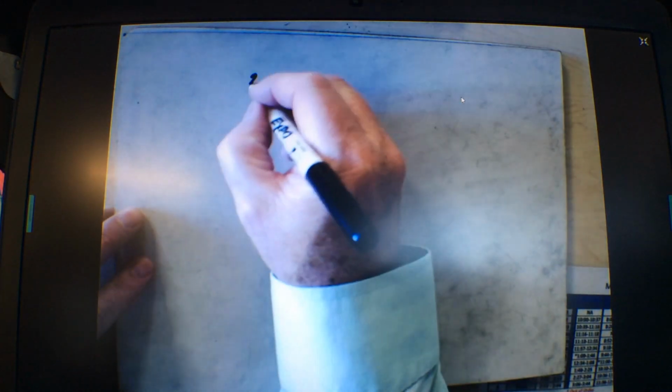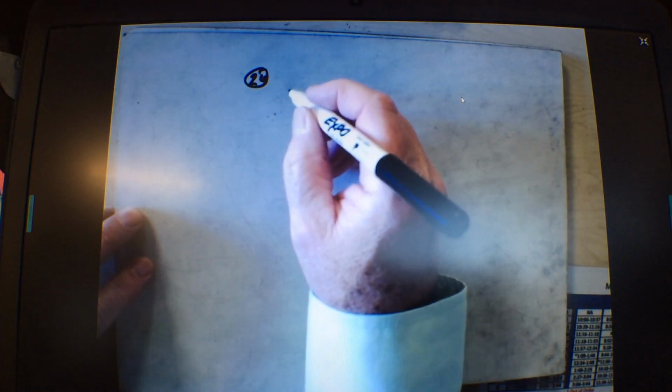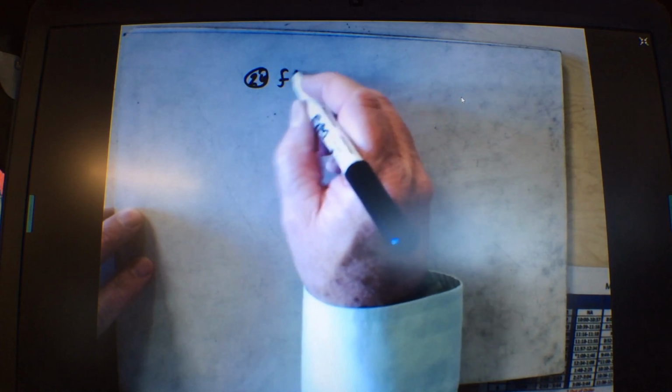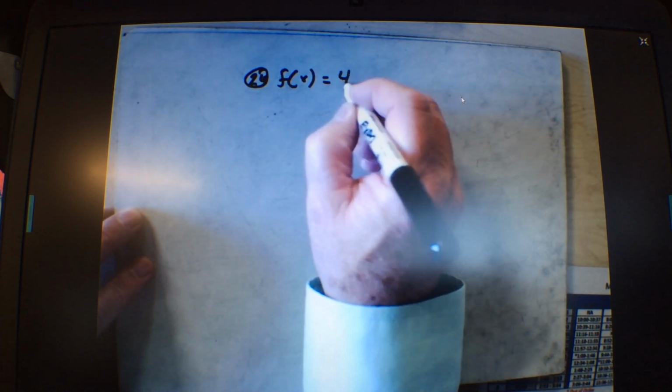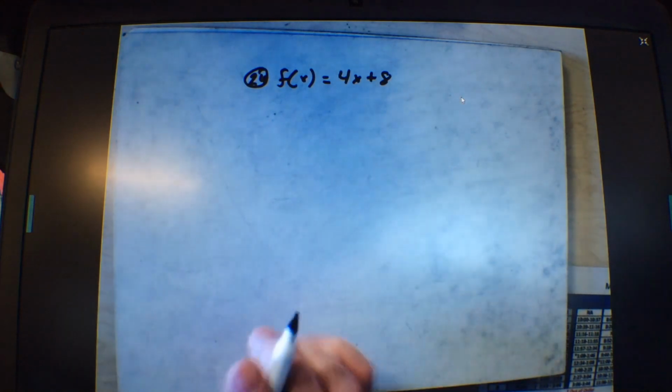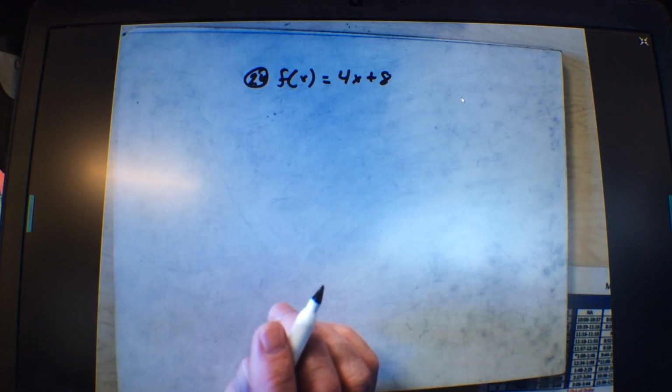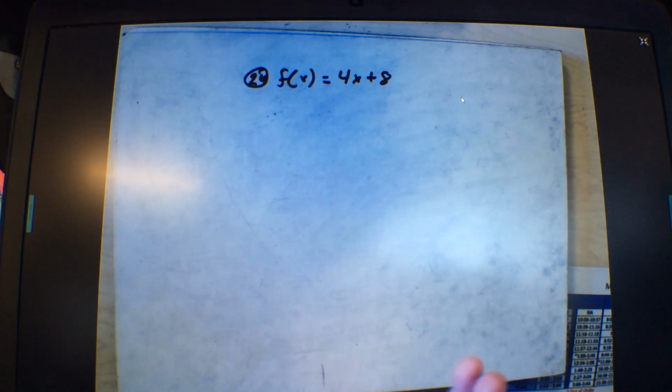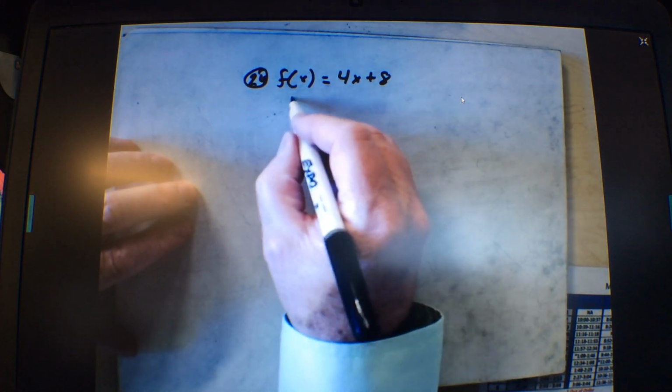Number 24. Look, I got rid of my graph, didn't I? No more graph, right? F of x equals 4x plus 8, right? I don't want to graph it. Put 0 in for y, remember?